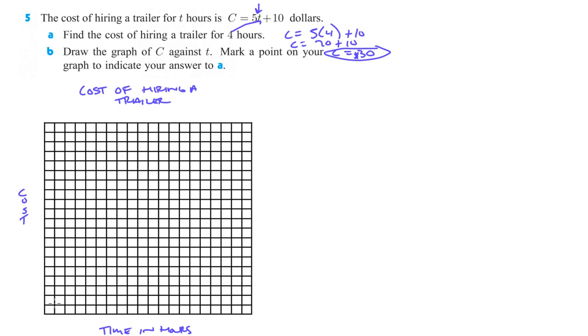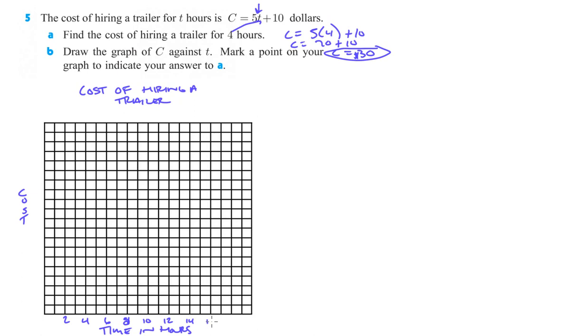Okay, so now we got to give this a scale and this a scale as well. So we can probably go by singles down here, 1, 2, and you don't have to do every one. But you do want to make sure that your scale is consistent. So we're going up by 1s on each one of these. But you don't want to do 1 and then 3 and then 5 and then 2.